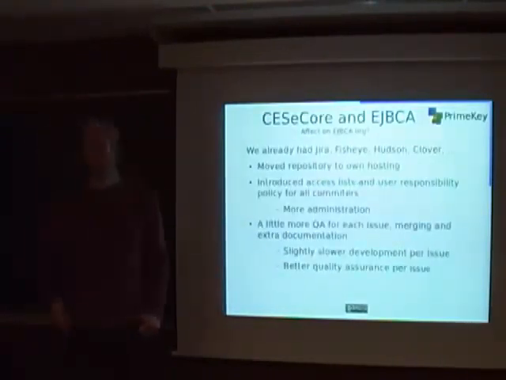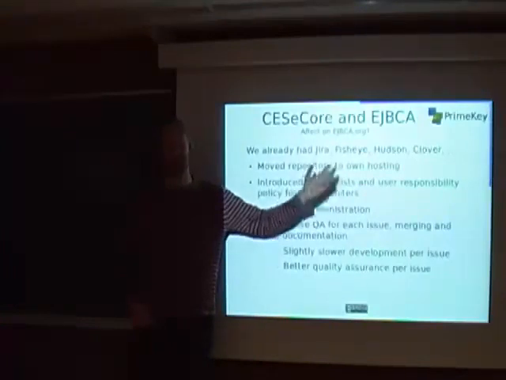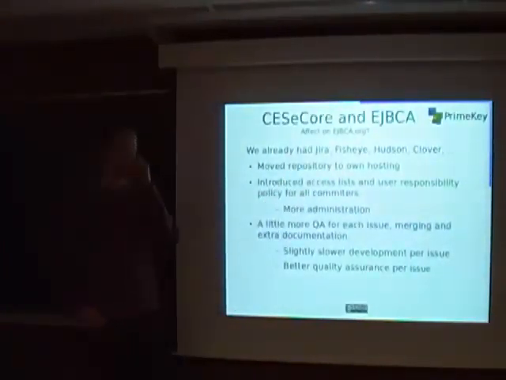Otherwise, we weren't affected too much actually, because we had fairly good processes already, thanks to Tom there. We had Jira for issue management, code inspection, Hudson for continuous integration, etc. So we didn't have to change our processes a lot. The main things we had to change were the repository and introducing access lists.